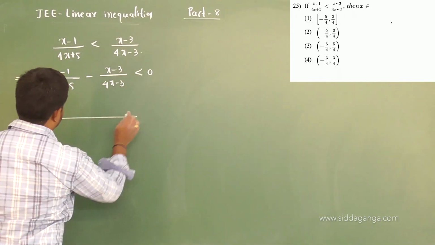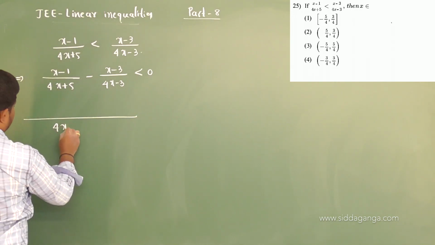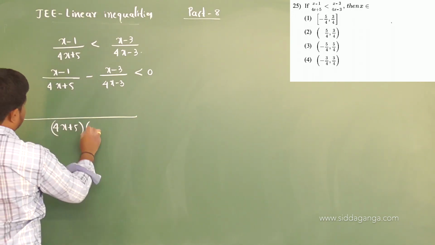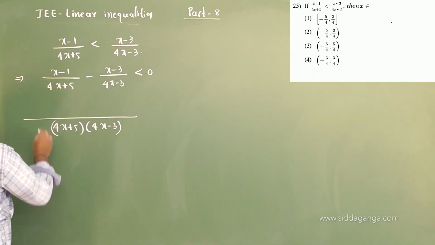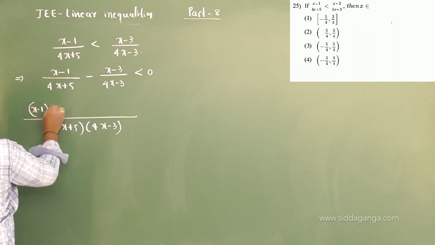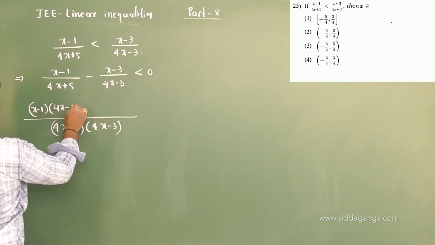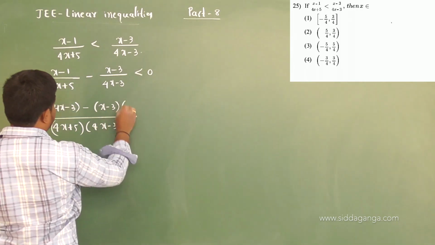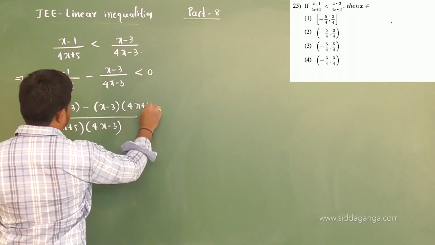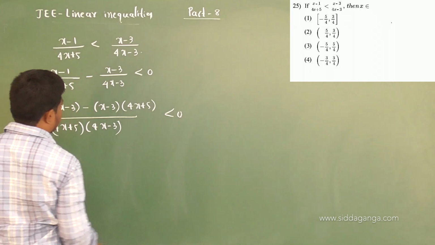On simplification, you get (x minus 1)(4x minus 3) minus (x minus 3)(4x plus 5) divided by (4x plus 5)(4x minus 3) less than 0.